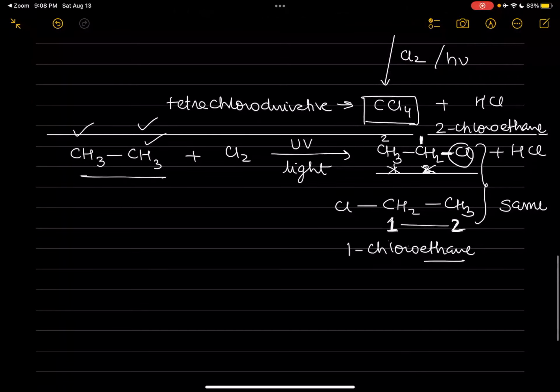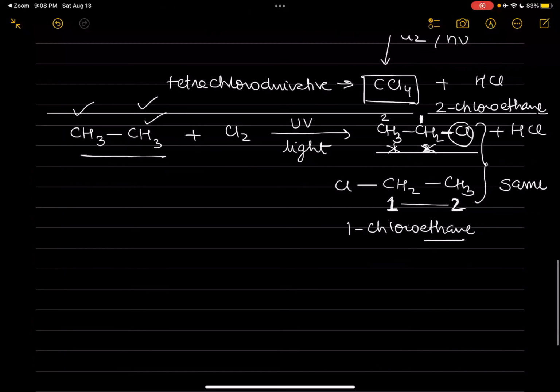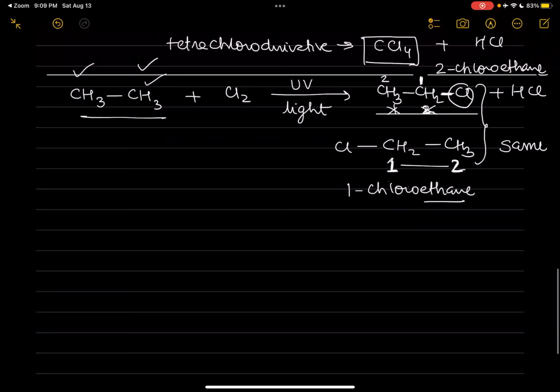What will happen for butane? Butane is having four carbon atoms, and this is the condensed way of writing butane. Just keep in mind that all carbons are connected to four bonds.